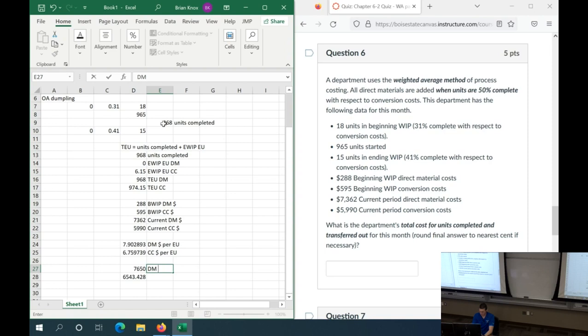So this is our DM cost for units completed. This is our CC cost for units completed. And our total cost of units completed would be the sum of those. So unless I mess something up along the way, this should be our answer right there.